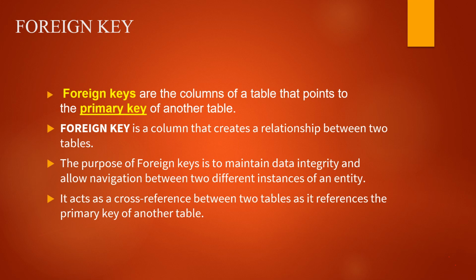Reference means one key that refers to a key of another table, or the foreign key just refers to the primary key of another table. So this key is used to express the relationship between two tables, or just to show how the two tables are connected. Let us discuss with an example.